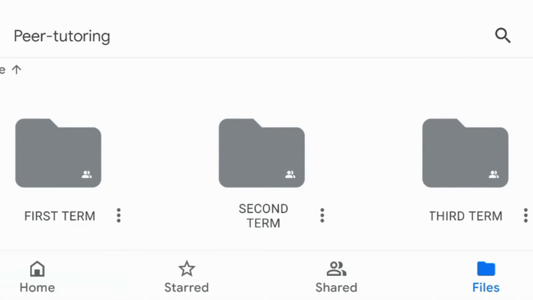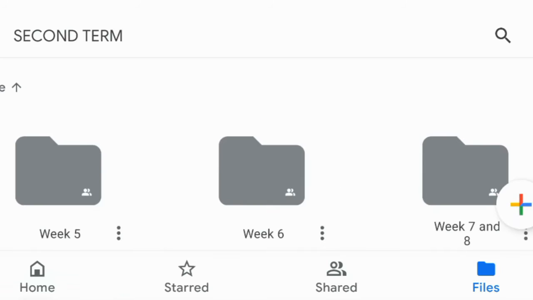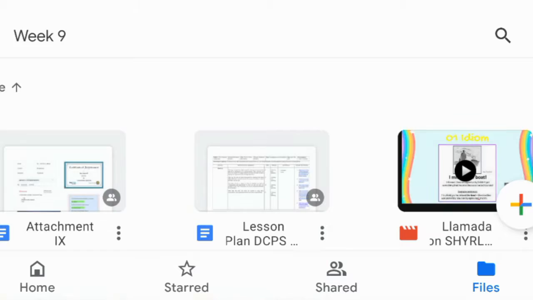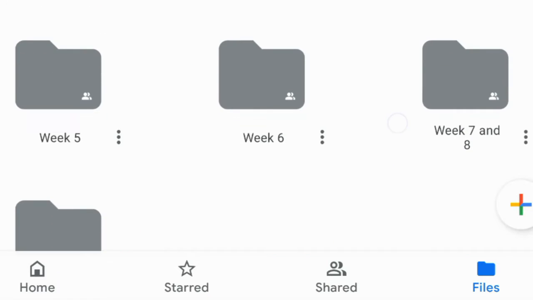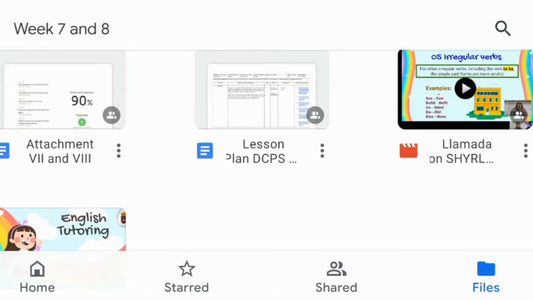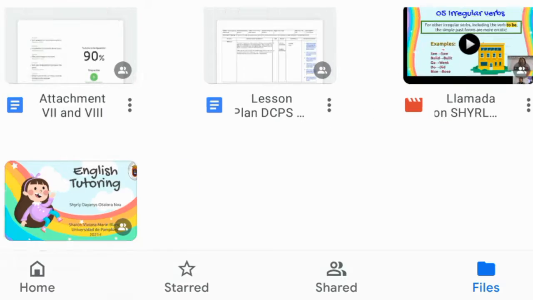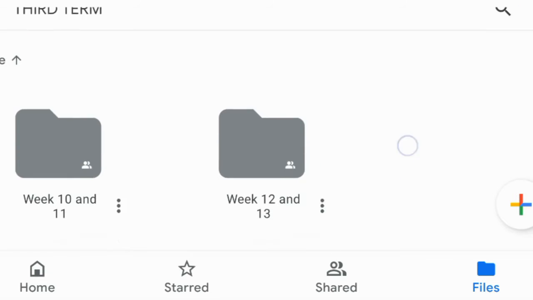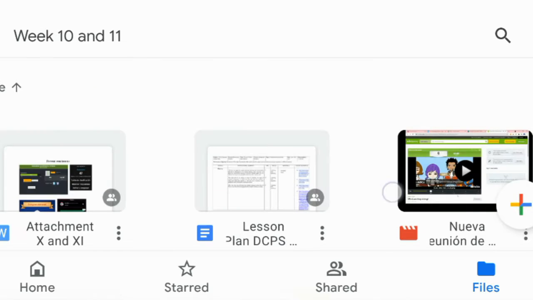In the second term folder, you can find from week 5 to week 9. In a subfolder, there is week 7 and 8 because it was a 2-hour session, including its respective evidences, planner, recording, and slides. Finally, the third term folder is from week 10 to week 13.